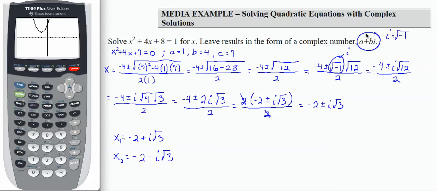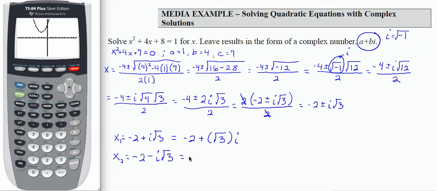But let's be sure and write it in this a plus bi form. So a and b are real numbers. That's negative 2 plus, here comes b, square root of 3 times i. See how I put that in parentheses so that you can identify the b, and then the i does not sneak under that square root symbol.